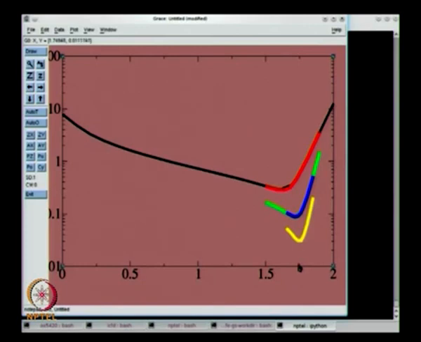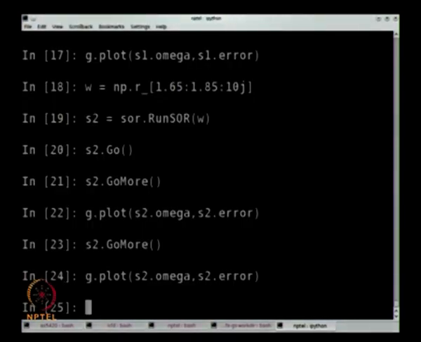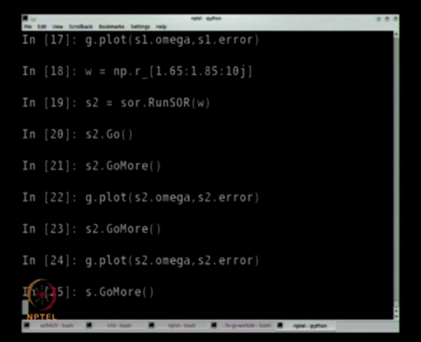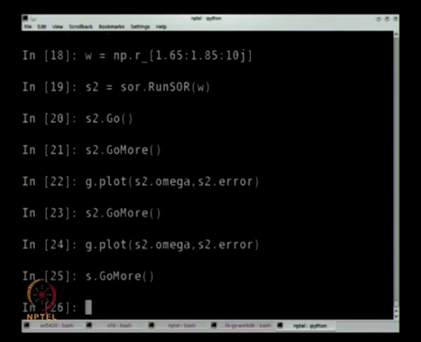So it is possible for you to actually hunt for an optimal omega, and trust me, this curve here is not going to move much. Just for the fun of it, if I were to run S, remember our friend S, there are 20 of them, so it will take a little more time.